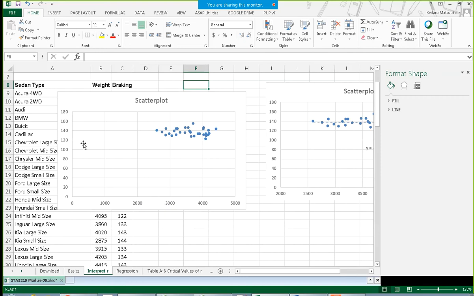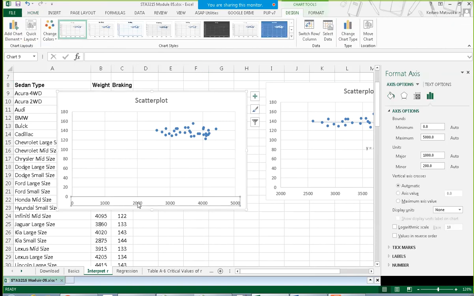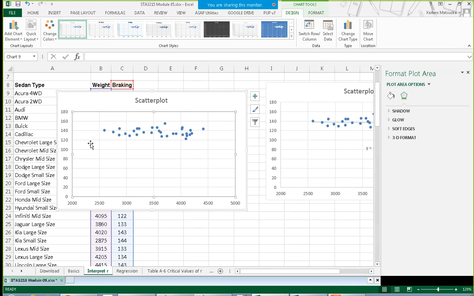So we don't need this blank space, so let's get rid of it. Just double click on this bottom axis, and you see the minimum here is 0. Just eyeballing it, let's make it 2000. Enter. And then it gets rid of this blank space, so it's more spread out.